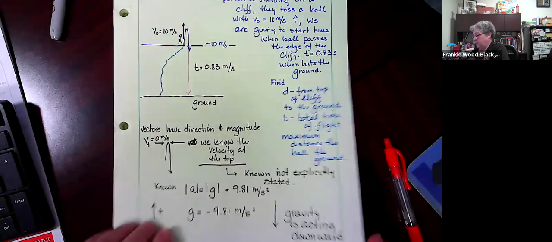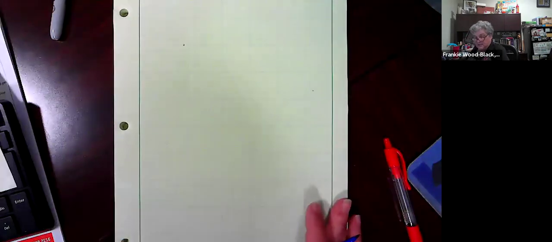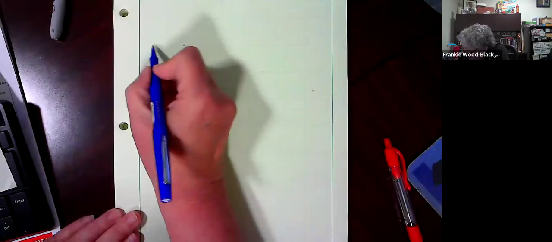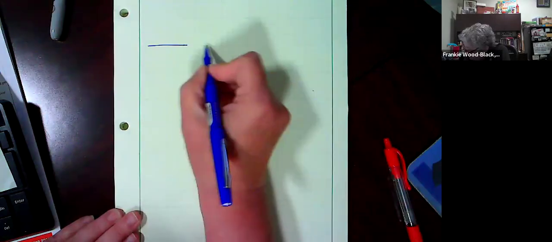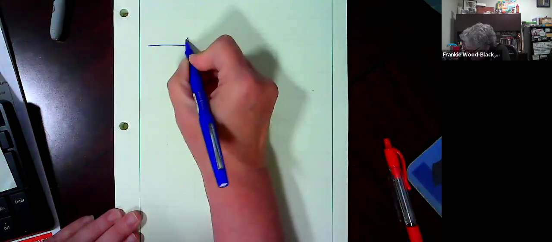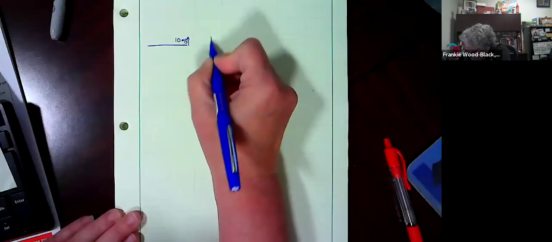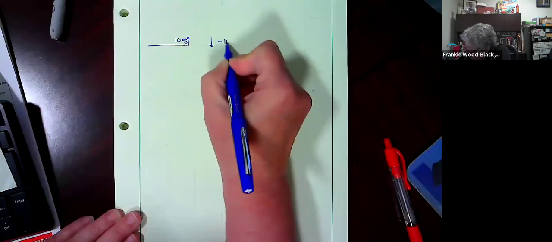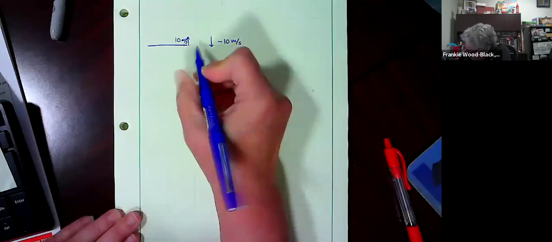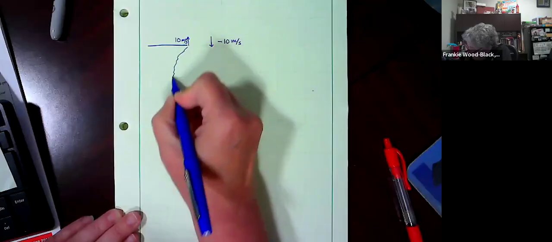So I'm going to draw my picture over here and we're going to look at these items again. So if I have my lift, we've got the ball going up at 10 meters per second. When the ball travels down at this point, it's going a negative 10 meters per second. We've got our cliff.